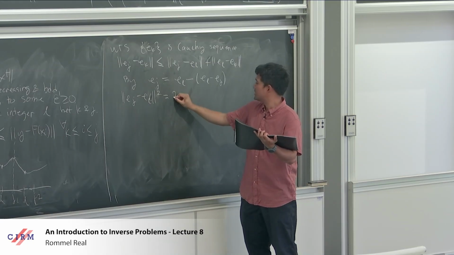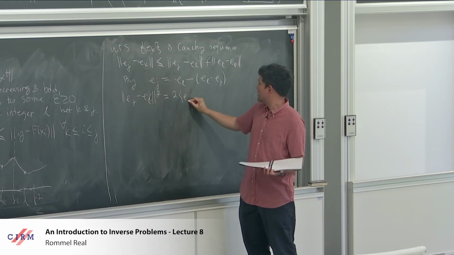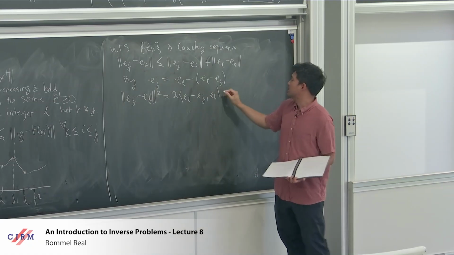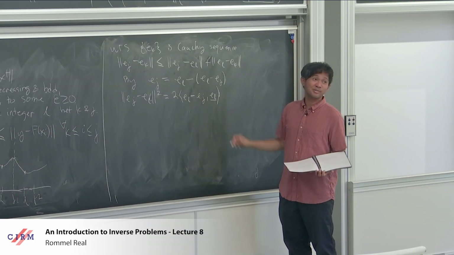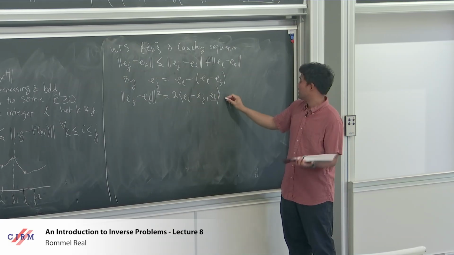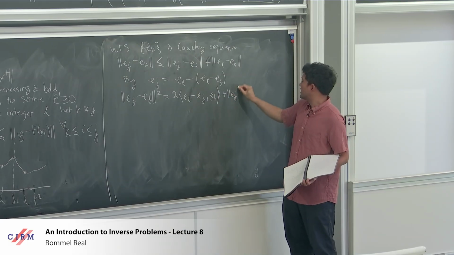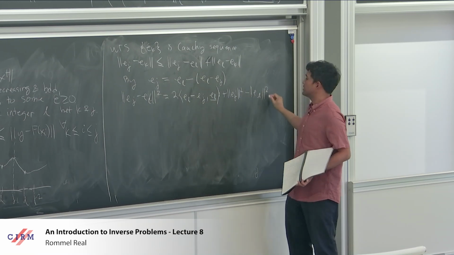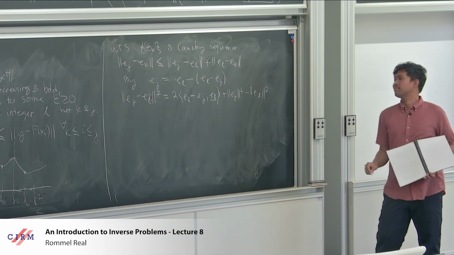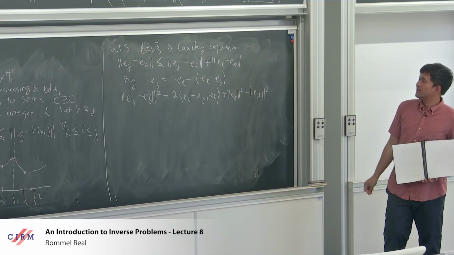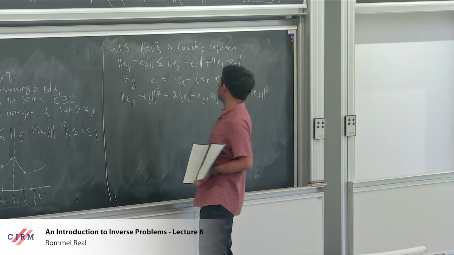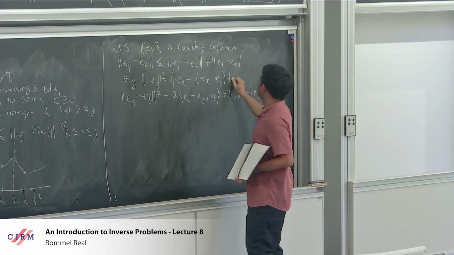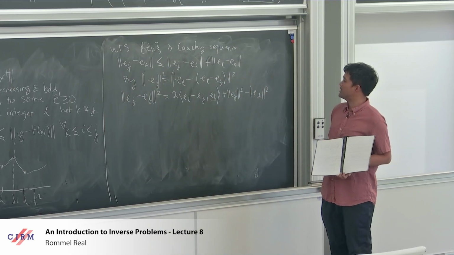I'll just write it straight. It can be easily verified. Note, I have E sub L here. There's a reason why. Then plus the norm squared. The idea is that you just take the square of the norms. You can show it, it's easy.